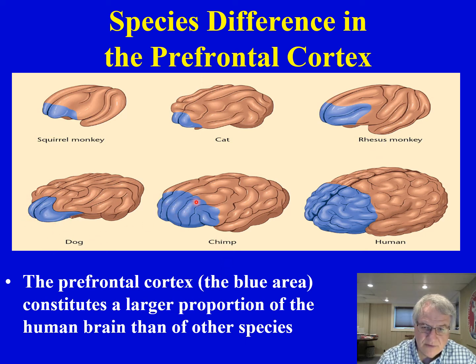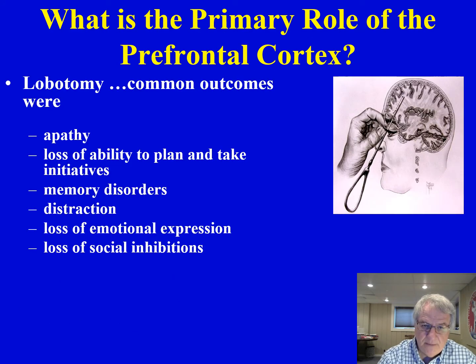Clearly chimpanzees are the closest to the human being. So this constitutes a relatively large portion of the human brain, certainly much more so in the human being as compared to other species, other mammals.